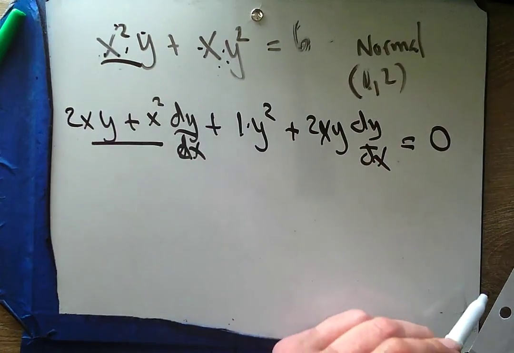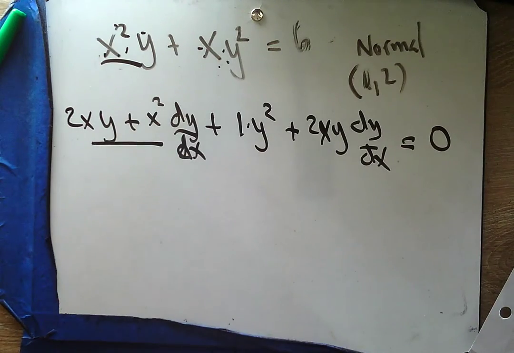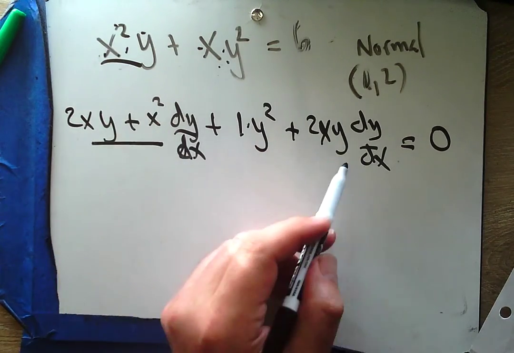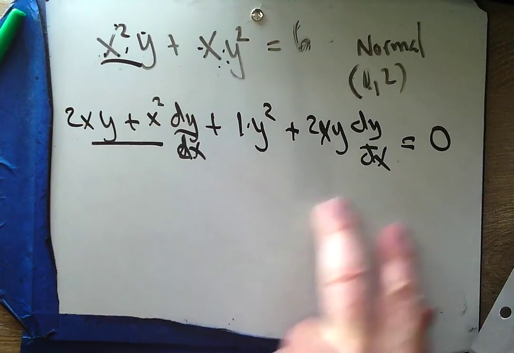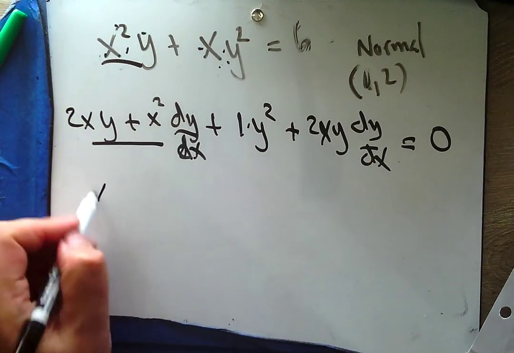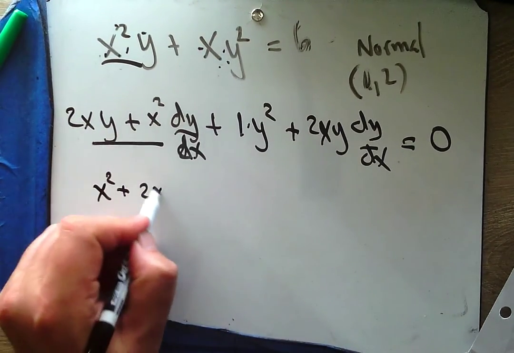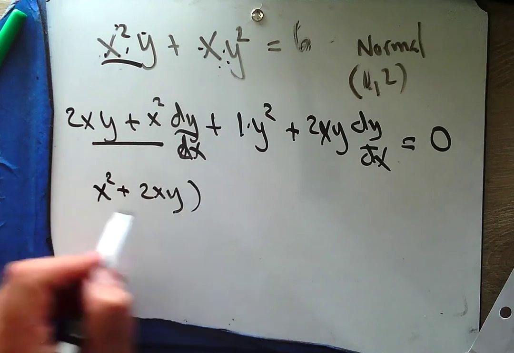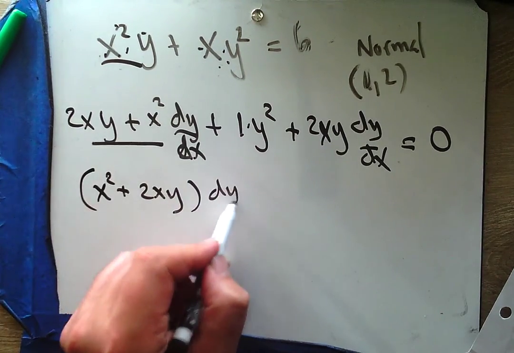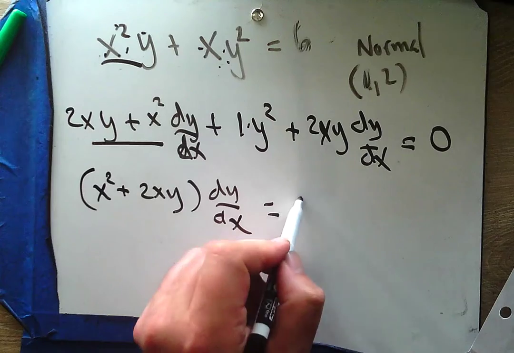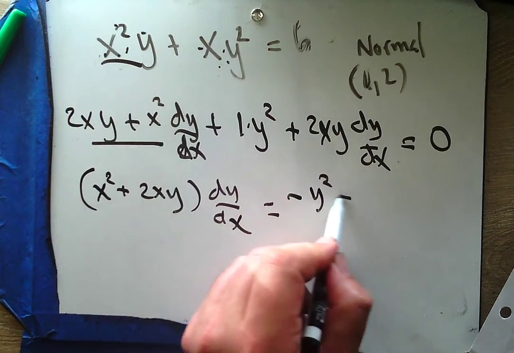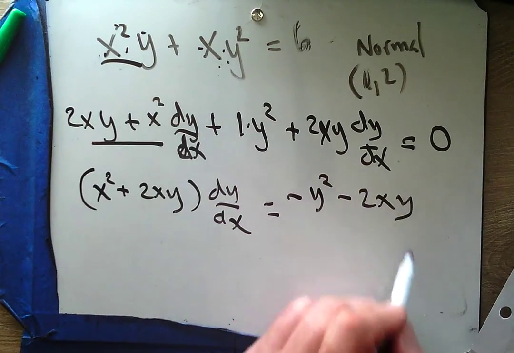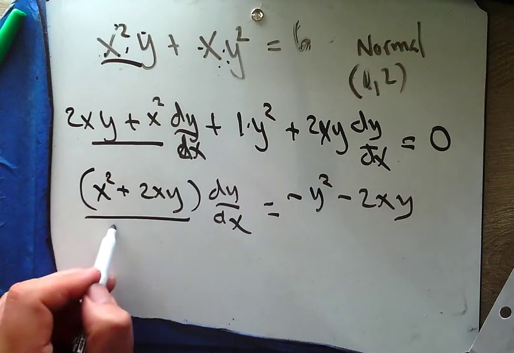And the derivative of a constant is 0. So I'm going to keep the dy dx stuff over here and move things over there. X squared plus 2xy dy dx equals negative y squared minus 2xy. And then I divide.